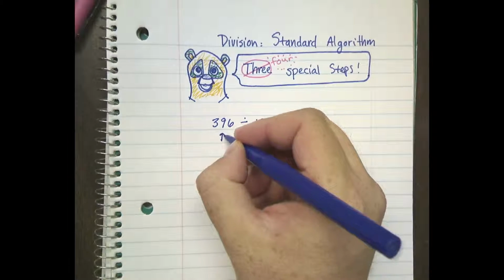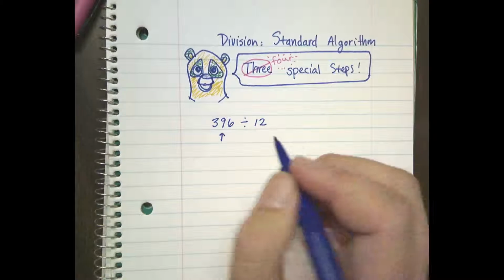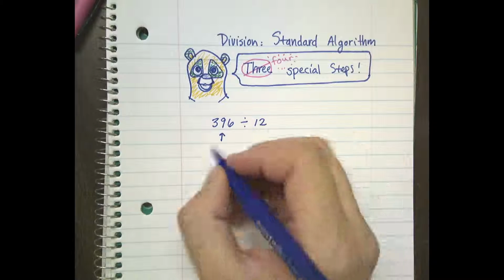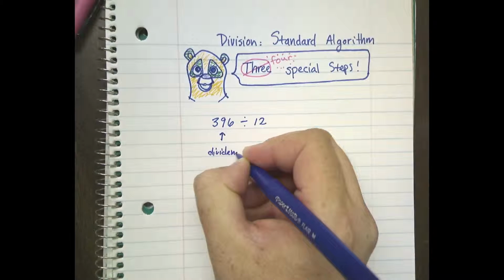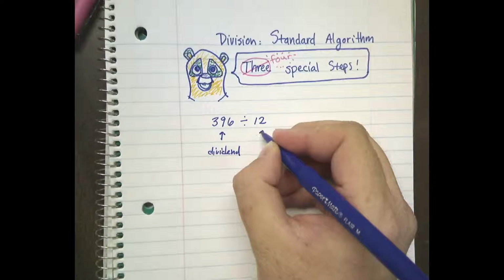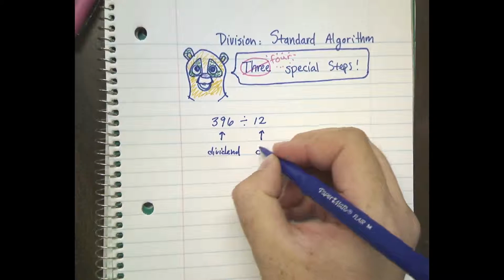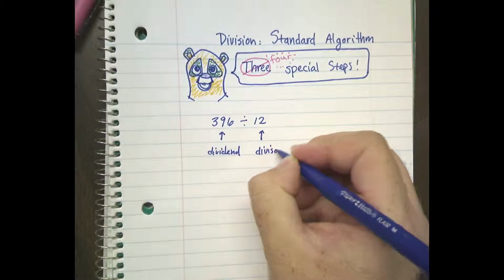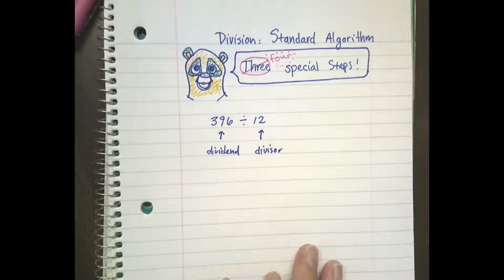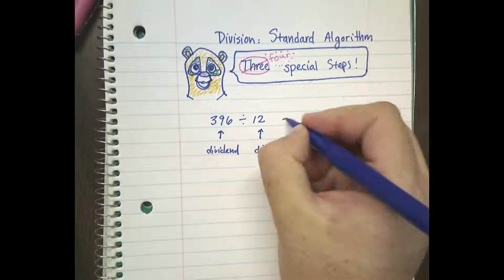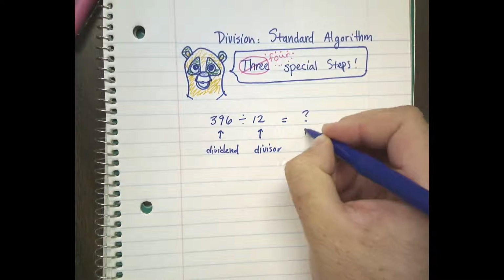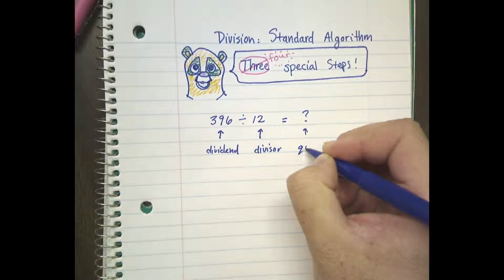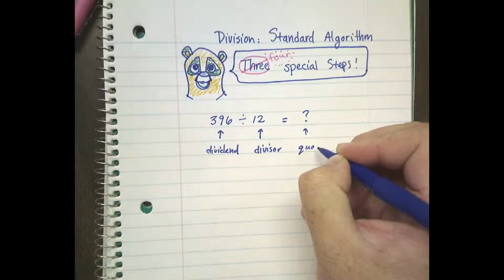This 396 has a special name. It is called the dividend. This one right here is called the divisor, and we'll talk about the quotient. That's our answer. Whatever our answer is going to be is called the quotient.